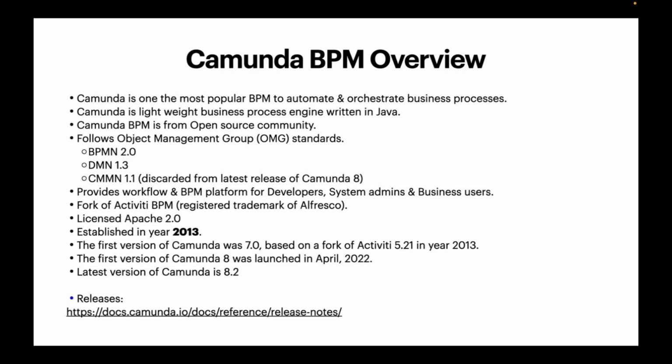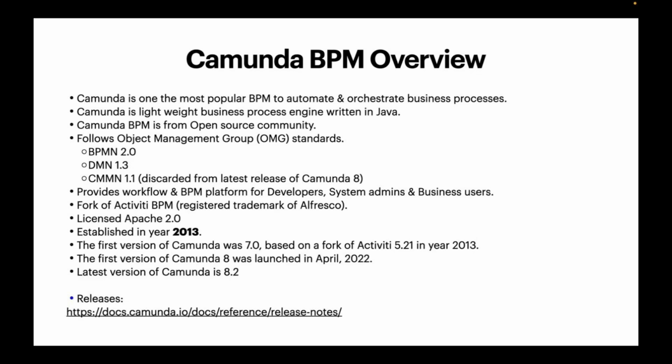However, after almost 9 years, the first major release was launched, which is known as Camunda 8 or Universal Orchestrator. It was launched in April 2022. As I told, when we go into the details, we will understand the key differentiations between Camunda 7 and Camunda 8, the support for them, and why there was a requirement for launching Camunda 8.